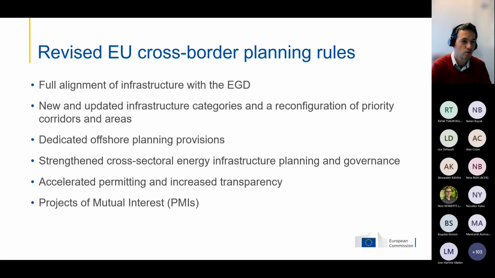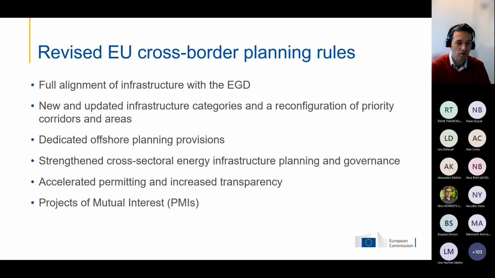The new rules for cross-border planning of the energy infrastructure. As indicated, the main purpose was a full alignment of infrastructure with the European Green Deal. What comes with it? There are new and updated infrastructure categories and reconfiguration of priority corridors and thematic areas. Now hydrogen is there.